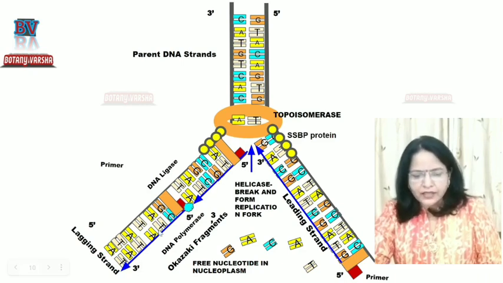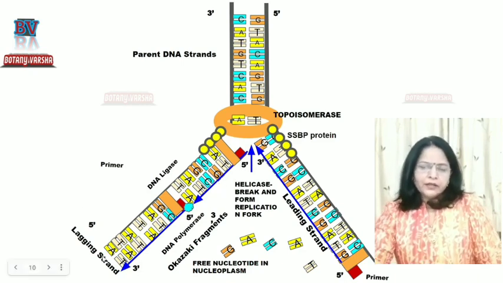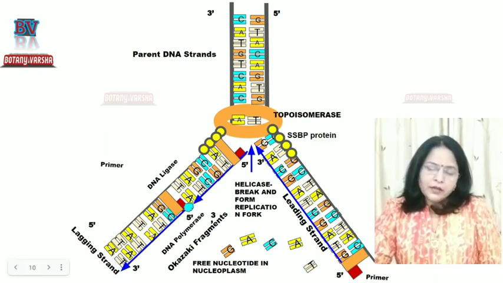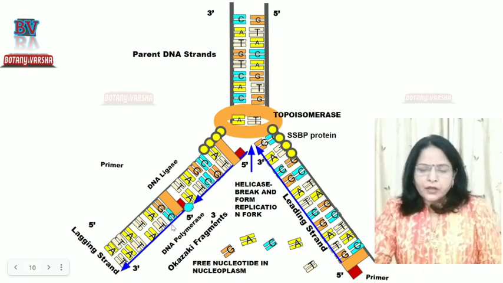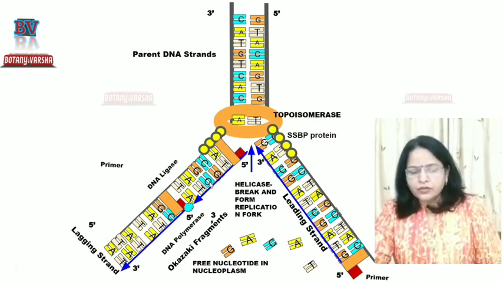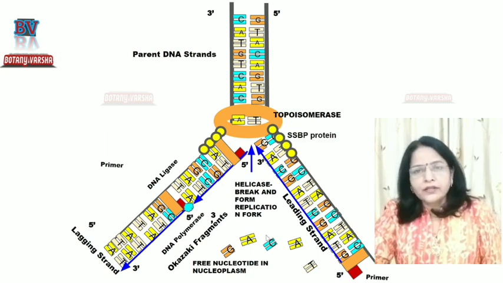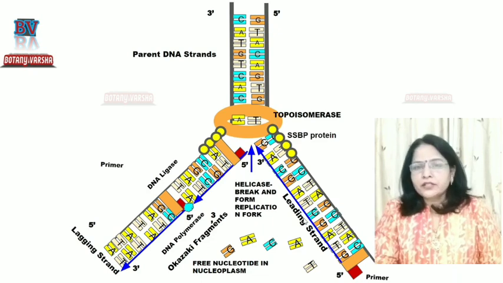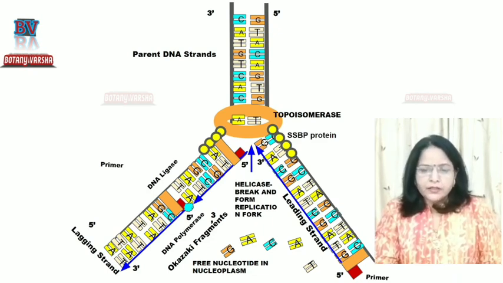This is called the lagging strand. In this way, on one strand discontinuous DNA replication is found, and on the other strand continuous DNA replication is found. This is called semi-discontinuous DNA replication.